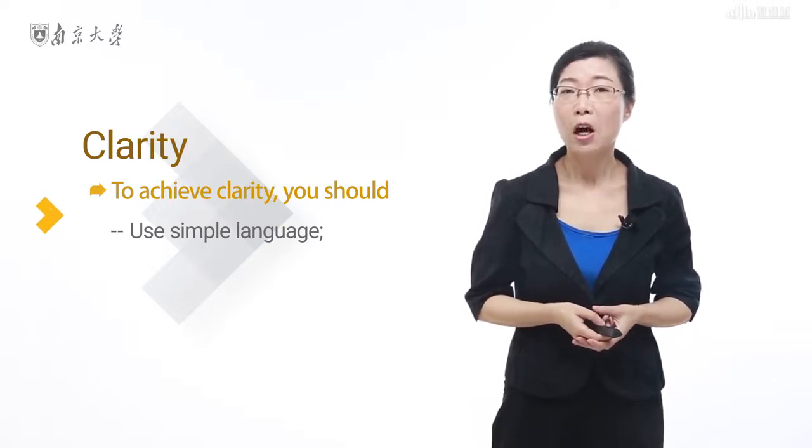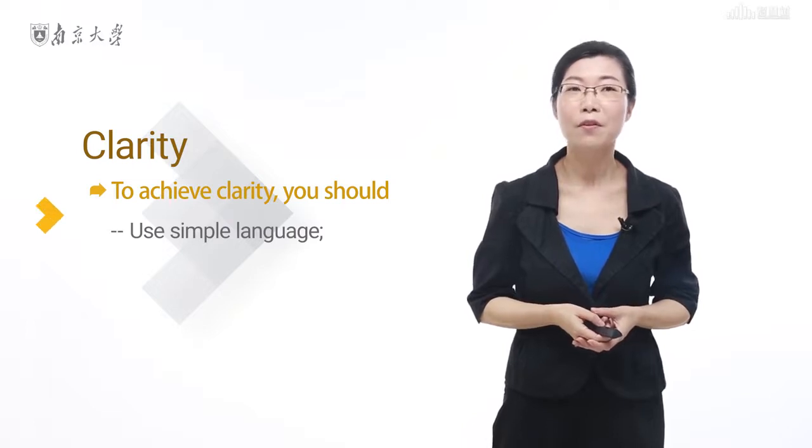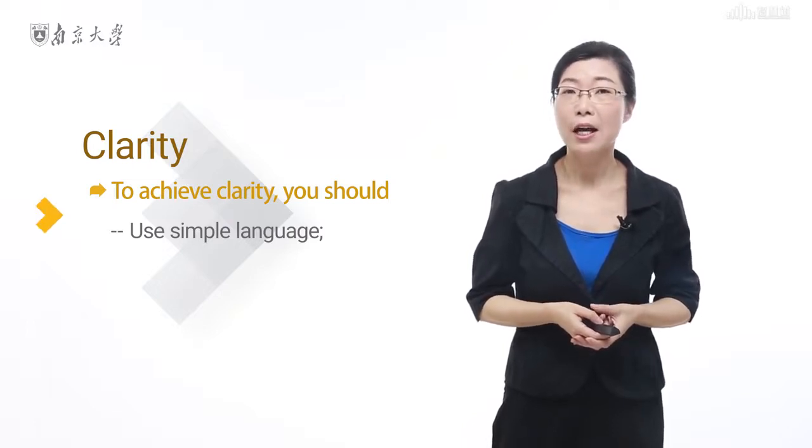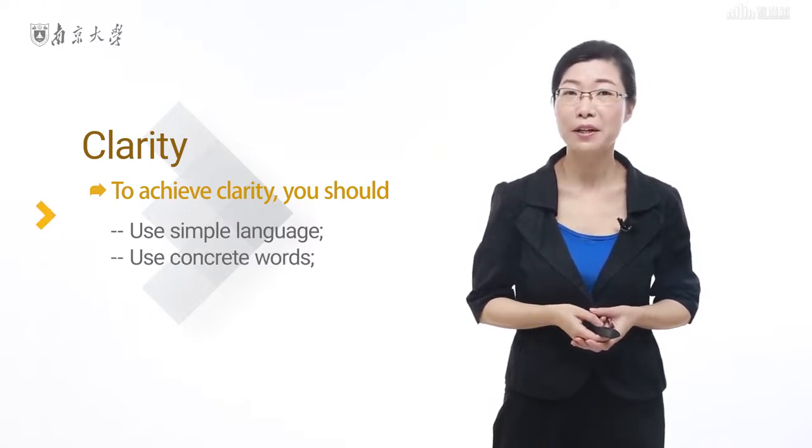Complex phrases are also difficult to read. For instance, phrases that string adjectives in front of nouns can be rather indigestible. The second principle for achieving clarity is to use concrete words.